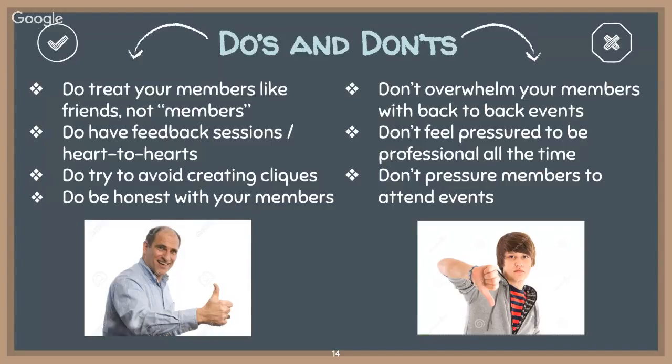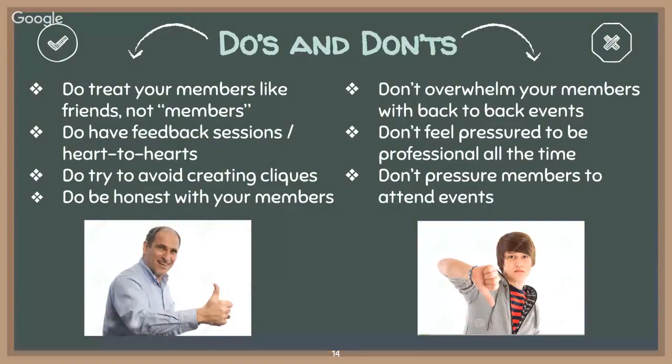Next is do try to avoid creating cliques. When you have cliques in the club, it can be hard to have your members feel included, because cliques basically create in groups and out groups that break the club unity that you're trying to build.